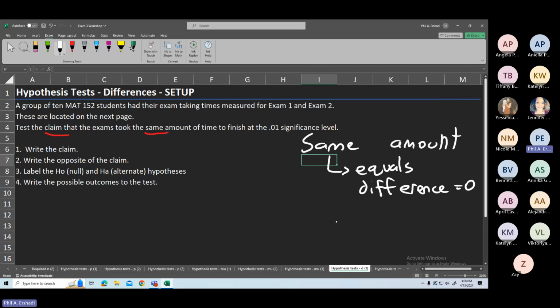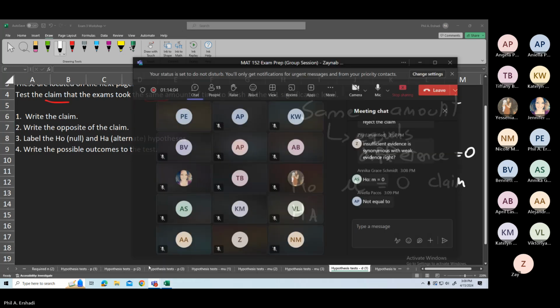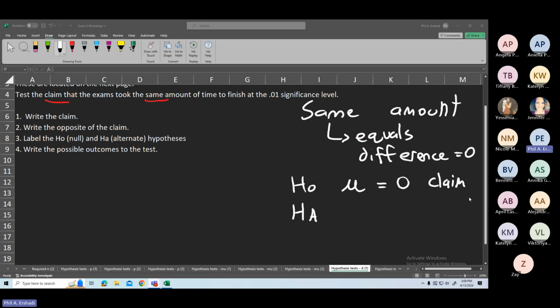So the way we write that for a difference hypothesis is we say mu equals 0. As you say, that is the null, and that is the claim. So how would I write the alternate given that? Not equal to. Very good. We say mu not equal to 0 is the alternate.